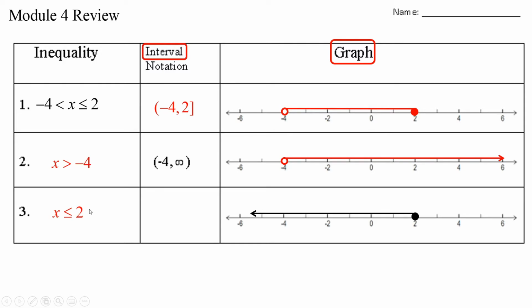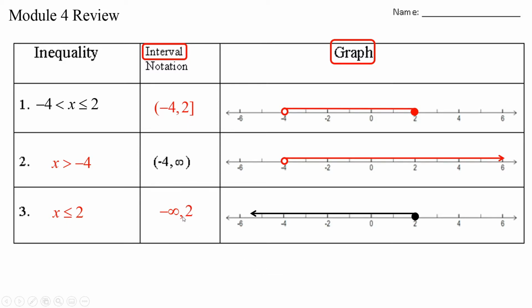Now let's go to the interval notation, which is going to look very similar to this one right here, except comma. Now look at the graph right here. We're going forever to the left. So my left bound is -infinity, which really isn't a bound because we can't reach it. And my right bound is the 2.